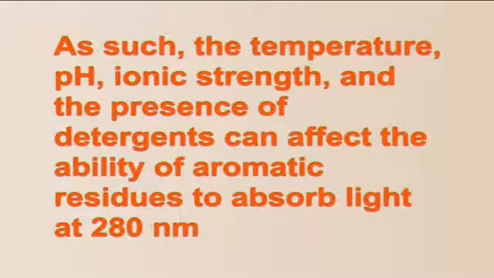In addition, the structure of your protein of interest may also affect the UV absorbance of aromatic side chains. As such, the temperature, pH, ionic strength and presence of detergents can affect the ability of aromatic residues to absorb light at 280 nanometers and change the value of the protein extinction coefficient.